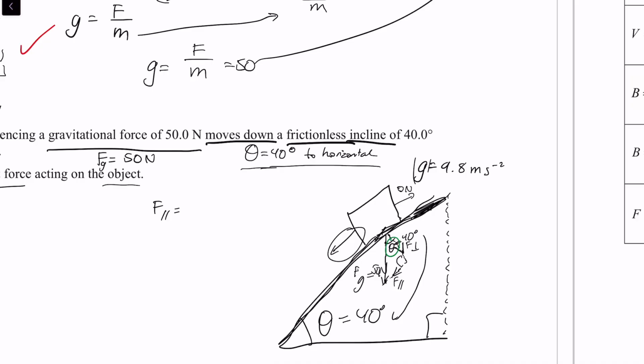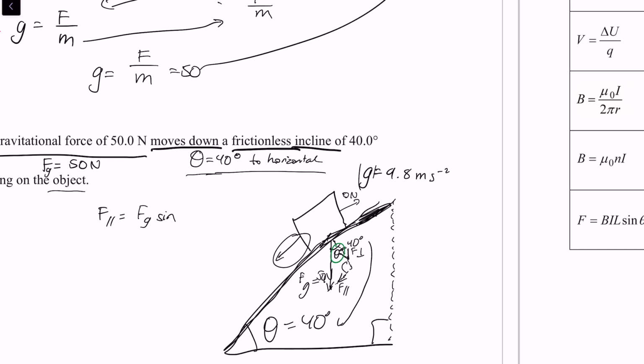Alright, using a bit of trigonometry, I can essentially memorize that F parallel is equal to FG sine theta, because we are looking at the side that is opposite the angle. Opposite, sine theta. Alright, and then FG was 50, so 50 sine 40 degrees.